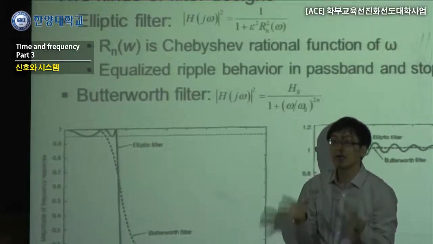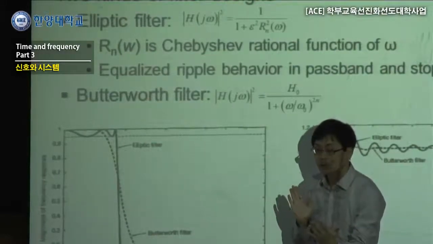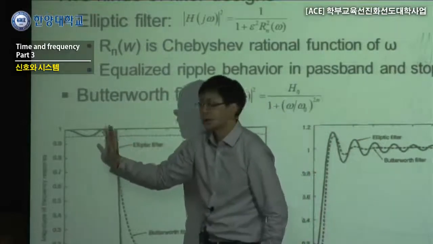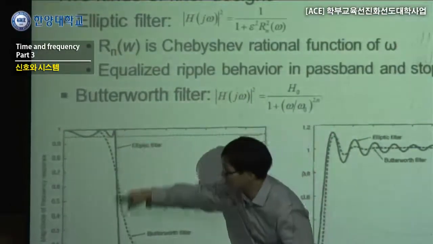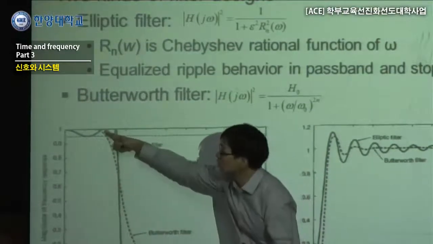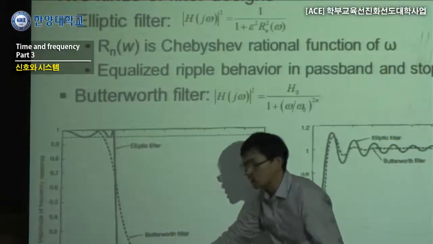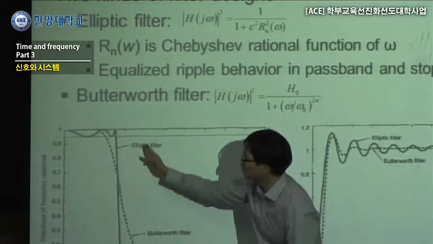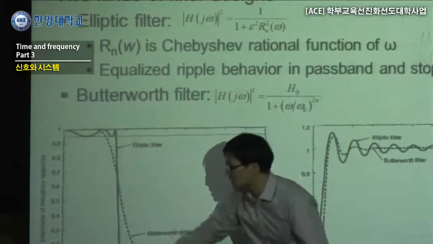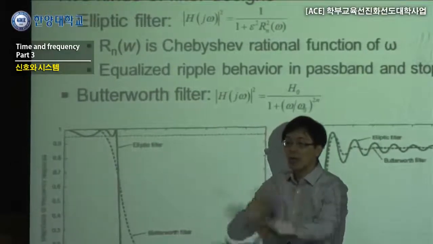However, let's take a look at the region between the passband and stopband. This one drops sharply. This one drops relatively not so stiffly, smoothly. This one, passing and stopping, is relatively well separated.